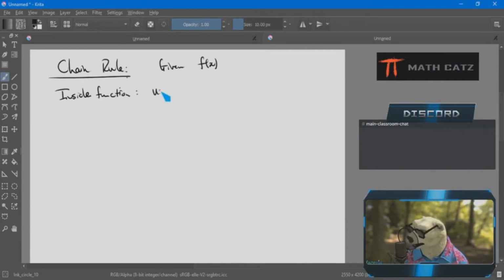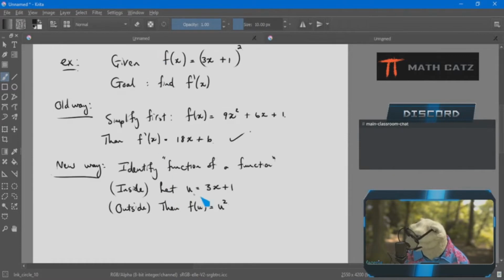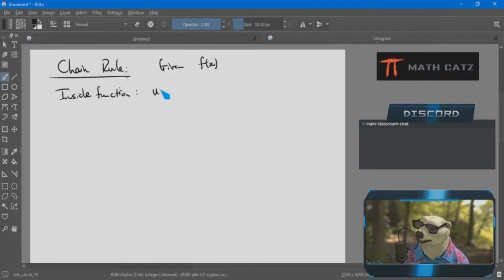Let's call it u. Now note here that u is a function of x, right? It's defined in terms of x's. So I want to just keep that in mind, and I write the brackets with it to remind myself when I talk about u as a function, x is the independent variable.